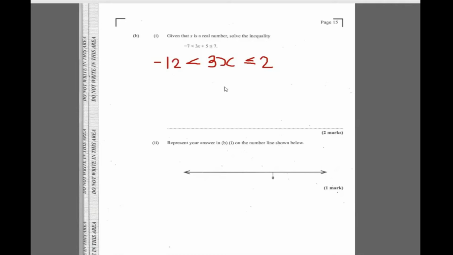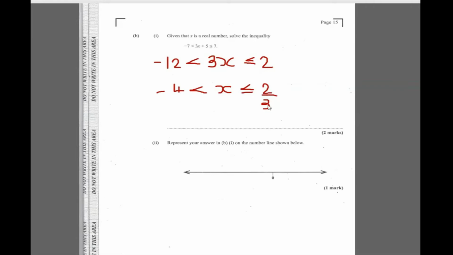Then we divide through by 3 to get the range for x. So x is less than or equal to 2 over 3, but strictly greater than -12 over 3, which is -4. And that's the solution.